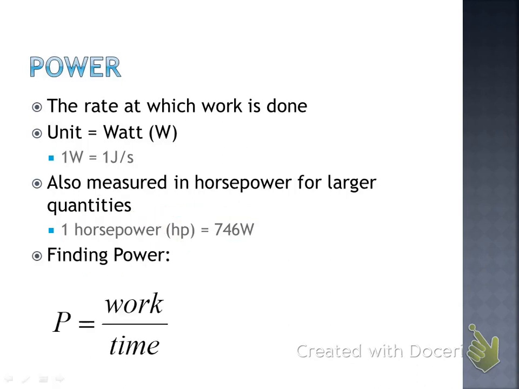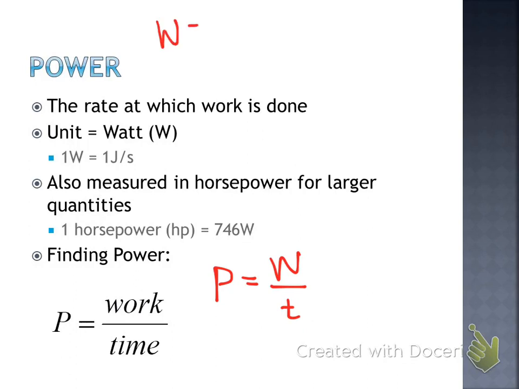When we find power, our equation is work over time. There are a few different ways we can solve for work, and that's what we're going to look at today. Remember last class we talked about work.